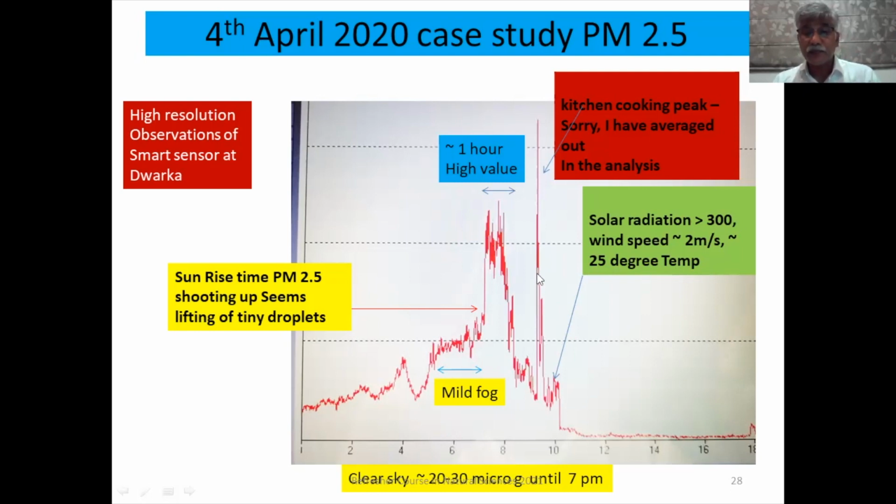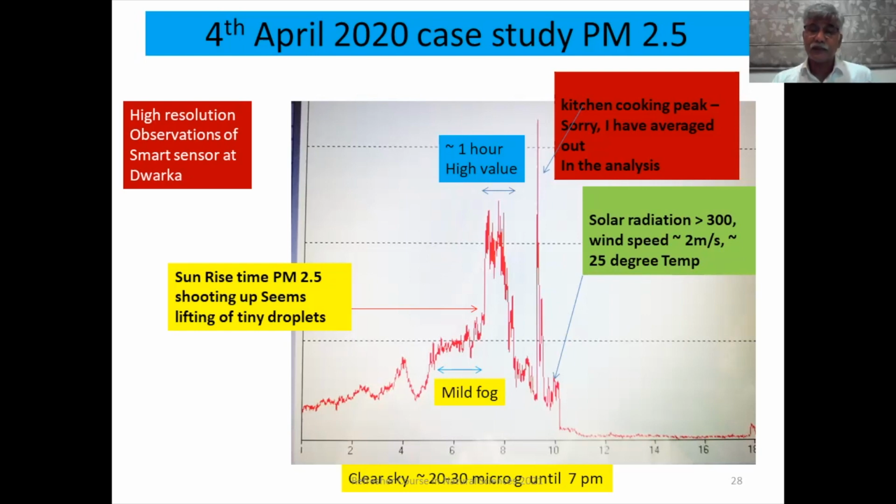And the next peak I show you here was a kitchen cooking peak, and I could not remove this, but the sensor is so sensitive that it can easily pick up within a few minutes if there is any smoke coming from elsewhere.